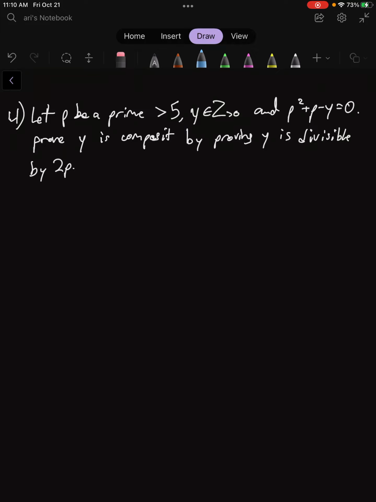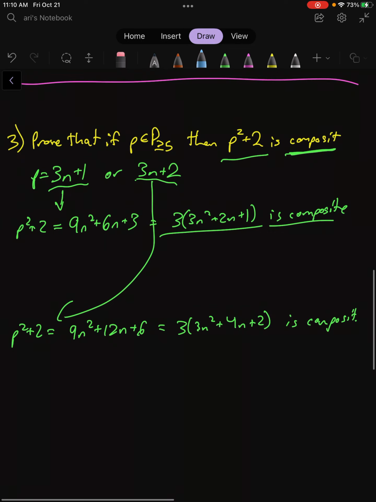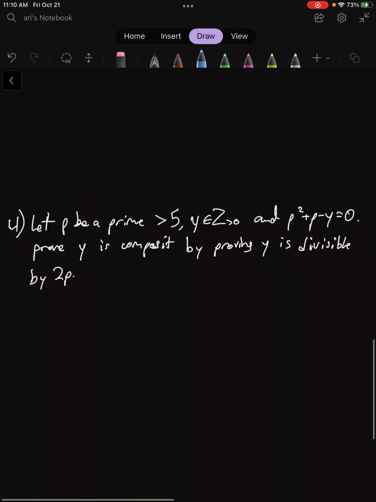Okay, let p be a prime that's greater than 5. You notice all these problems are like primes greater than 5 or primes greater than or equal to 5. So here we want a prime bigger than 5. And we have this y that's a positive integer, and p squared plus p minus y equals 0. Prove that y is composite by proving y is divisible by 2p.